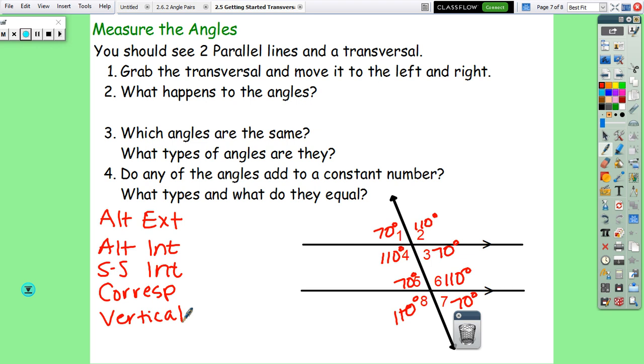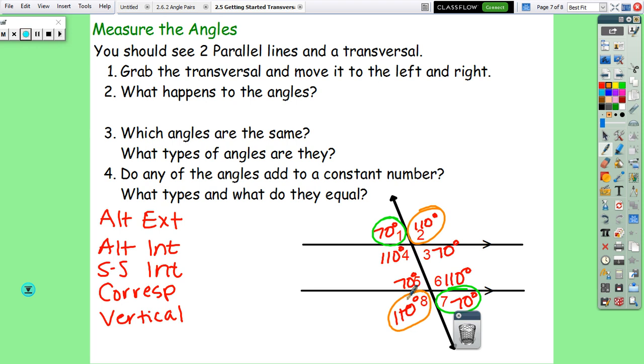Okay? So if we look at our alternate exterior angles, okay, that would be like angle 1 and angle 7, angle 2 and angle 8.